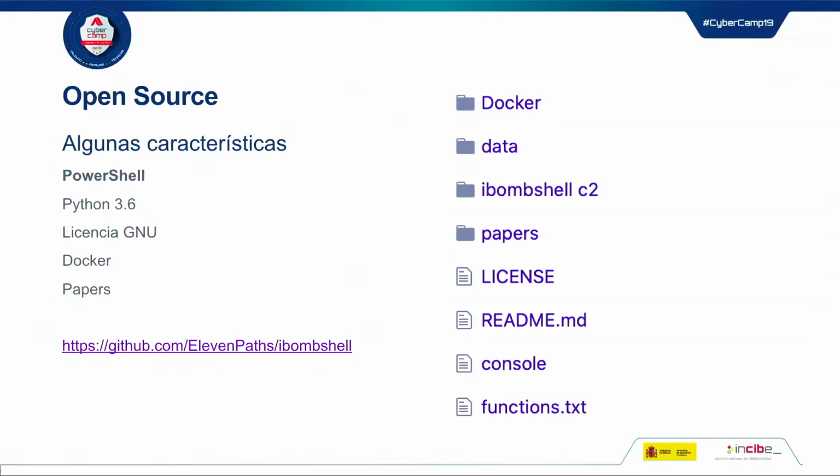So some of the characteristics: PowerShell, Python 3.6, GNU license, Docker. If you want to use Docker, we've done an image that you can use in order to download PowerShell and the Python variables in order for you to play with the two modes from Docker.